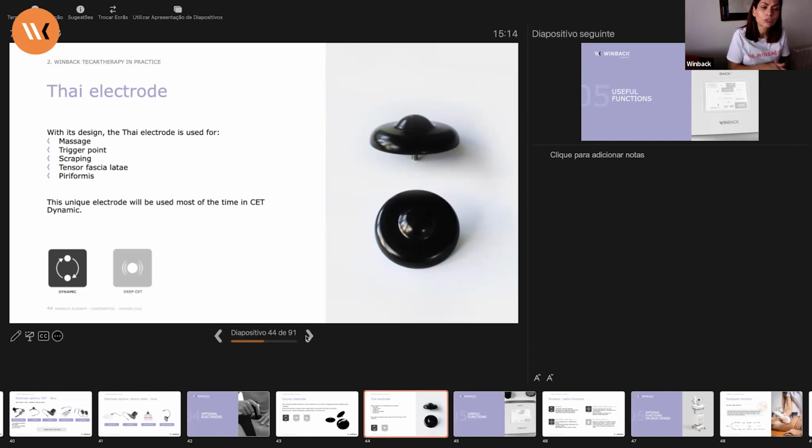This unique electrode will be used most of the time on set dynamic, so we can be working on set, deep set at the same time, so we don't have the heating answer, okay? So you don't have to worry about moving the electrode all the time, and like that we don't have the feeling of burn, okay?